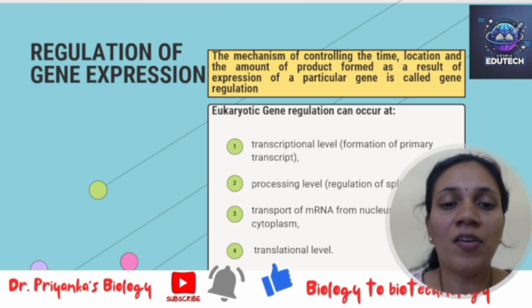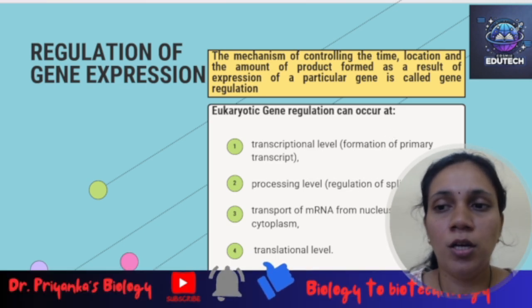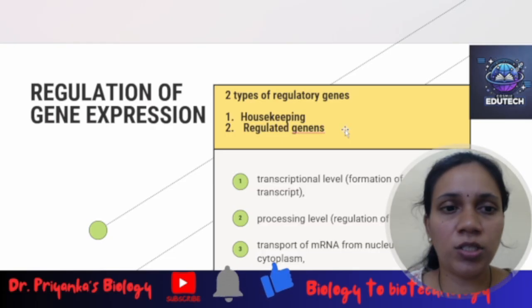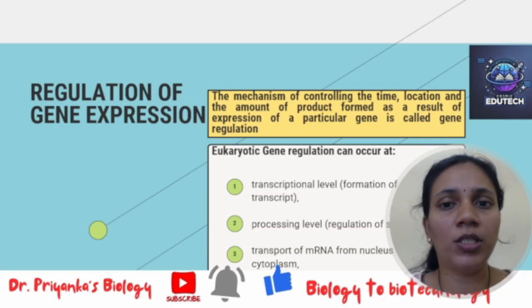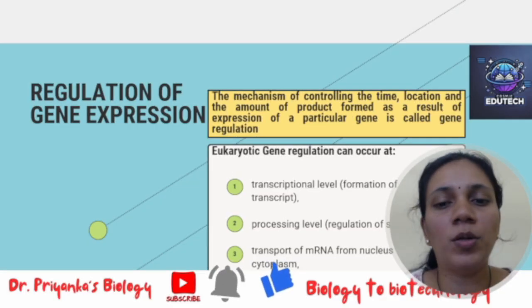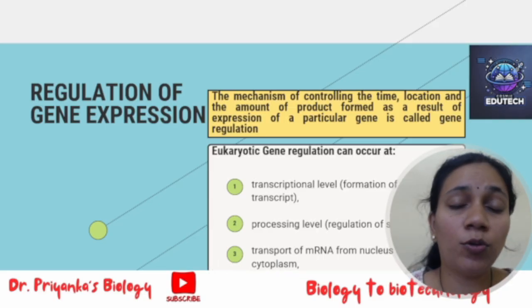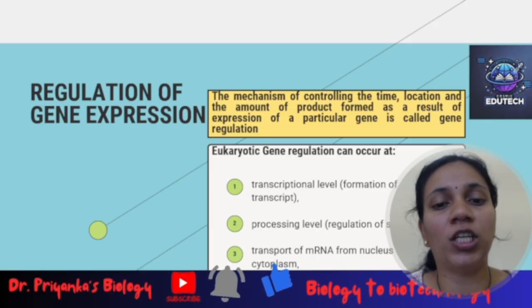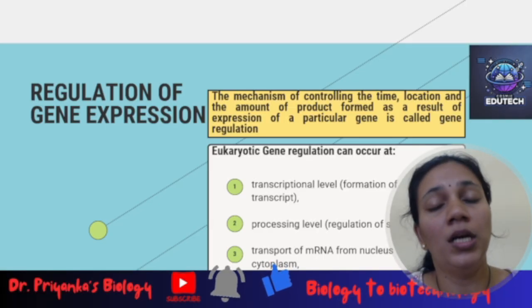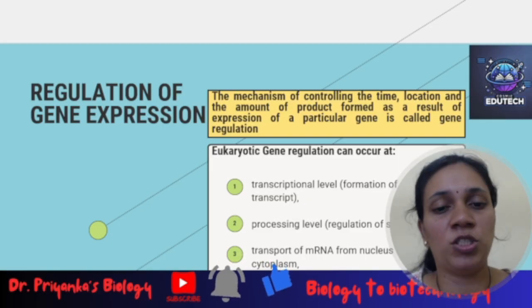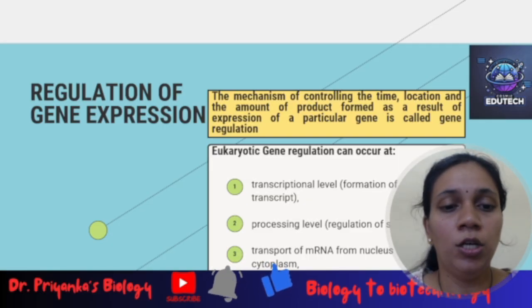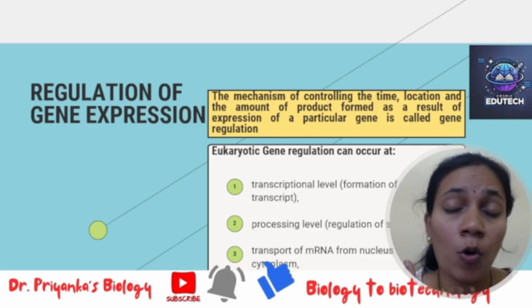The next is the transcriptional level. What is this at the transcriptional level? During transcription, if there is any error in this polymerization, it will lead to altered expression of the gene, and something else will be produced. Then next is the post-transcriptional level, after transcription, that is the modification time.